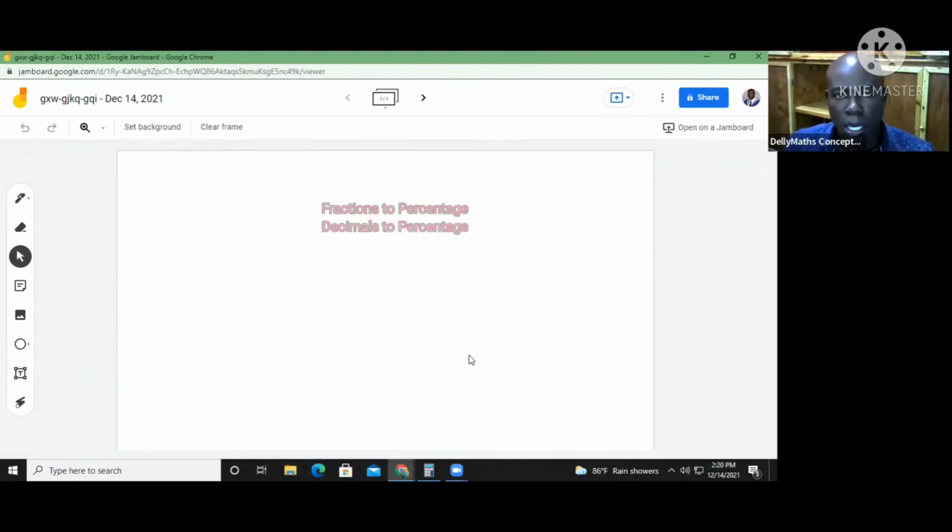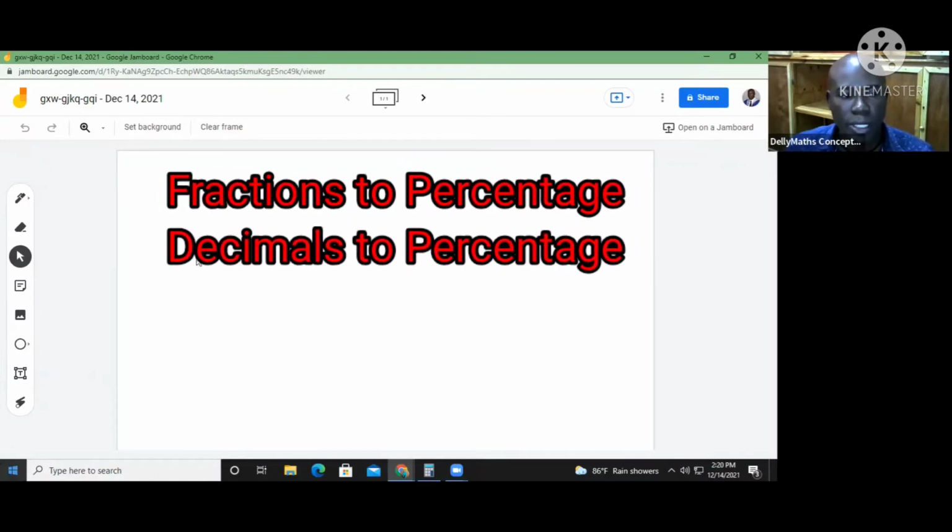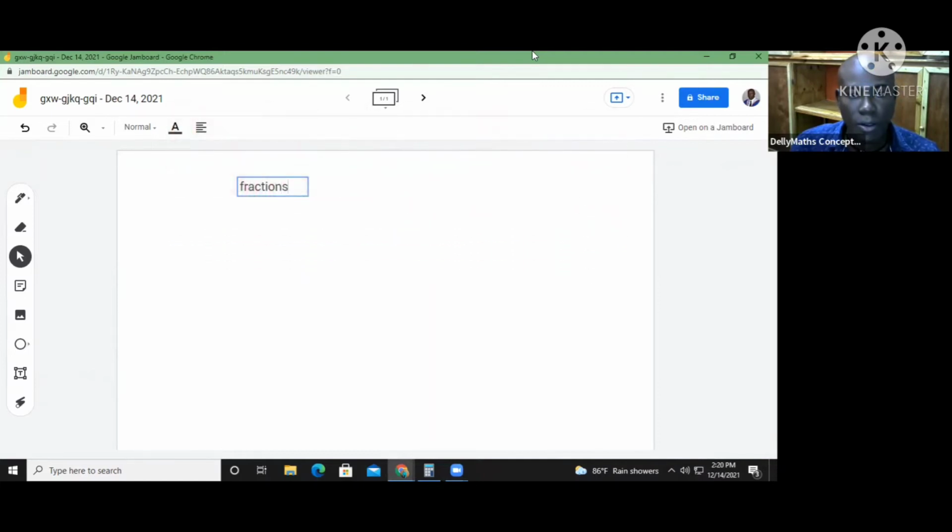All right. So for this lesson, what we're looking at is how we change from fractions to percentage. That's what we want to do today.